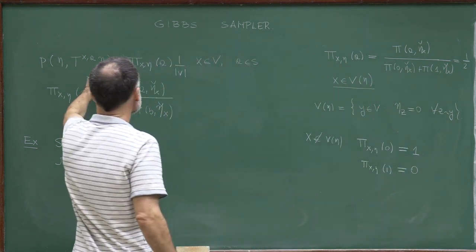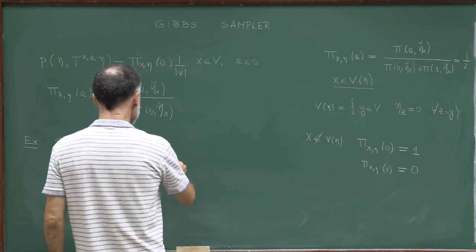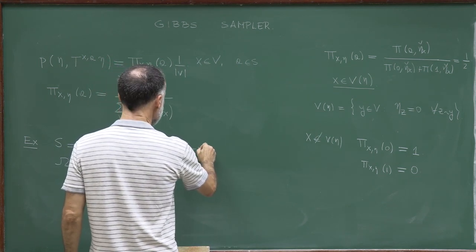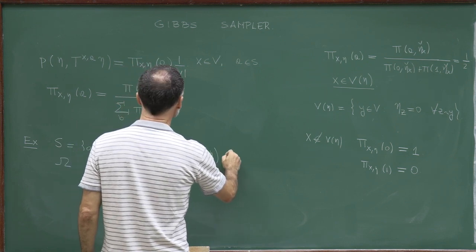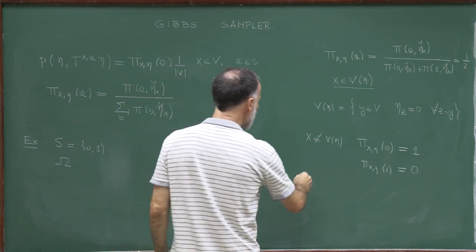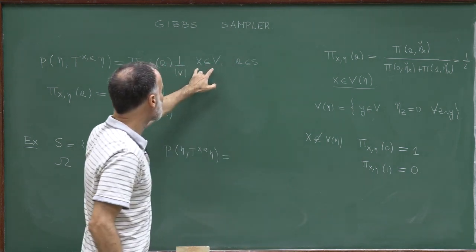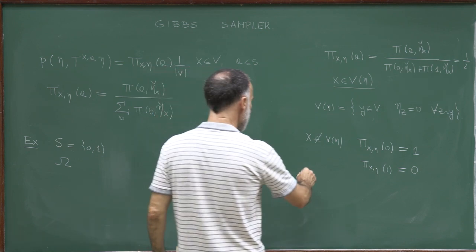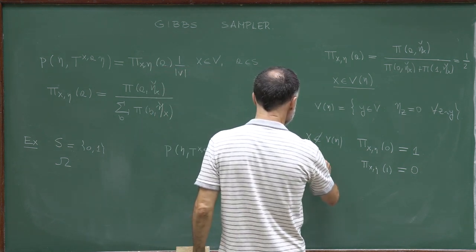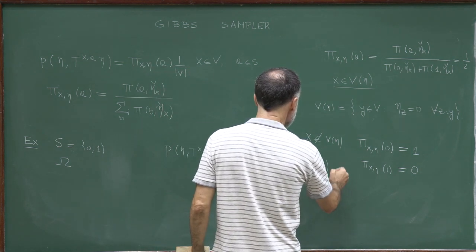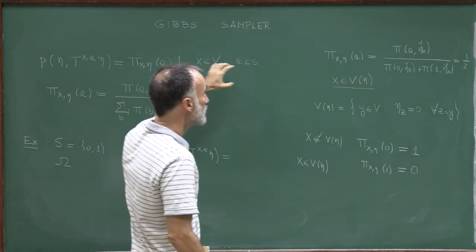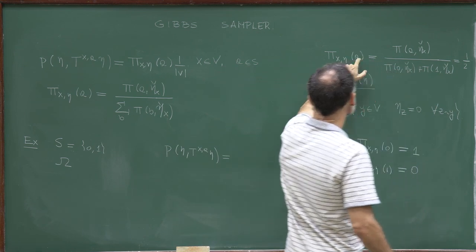So if I translate this formula, what I get is the following: p_eta(T_x^a(eta)) is equal to, well, here I have to divide x in two cases. Either x belongs to V of eta. If x belongs to V of eta, we have seen that this probability is equal to 1/2 whatever a is.